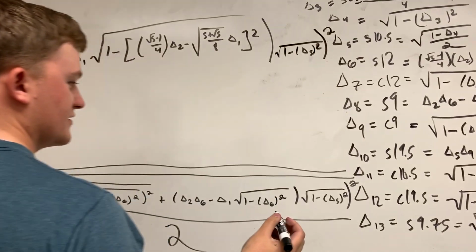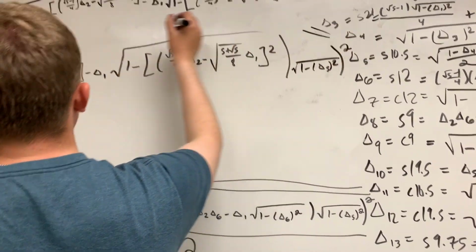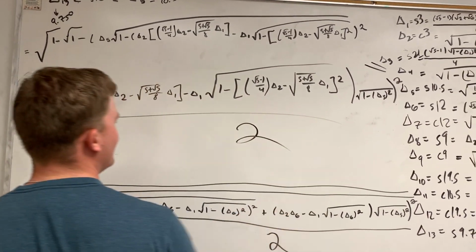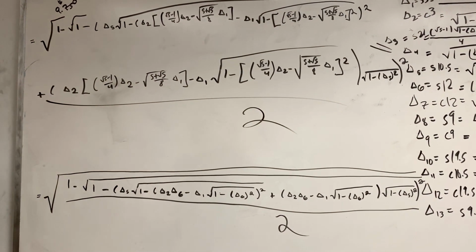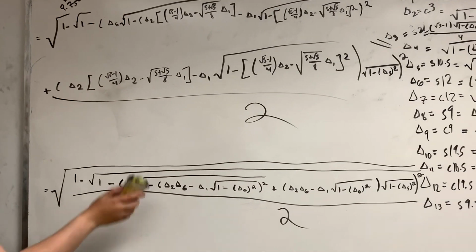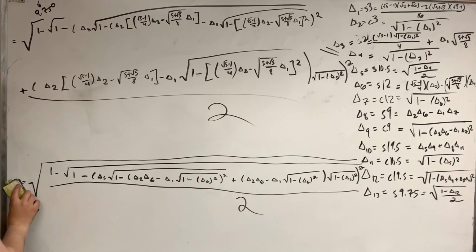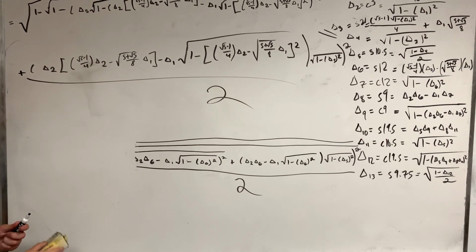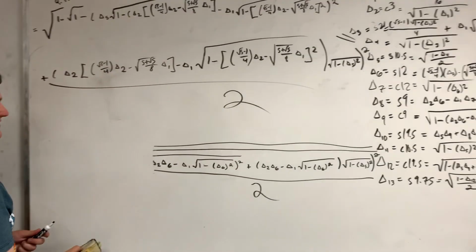And then it has the two big lines from up there, and then this is all over 2. Everything inside, right? Yeah, all of that on top. Don't erase. Well, I kind of can't.